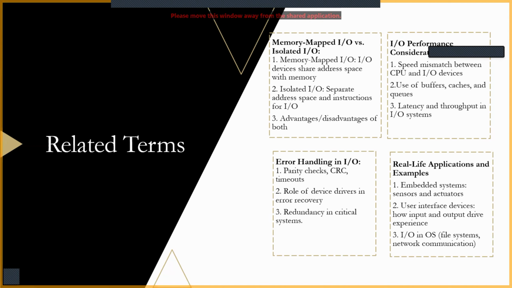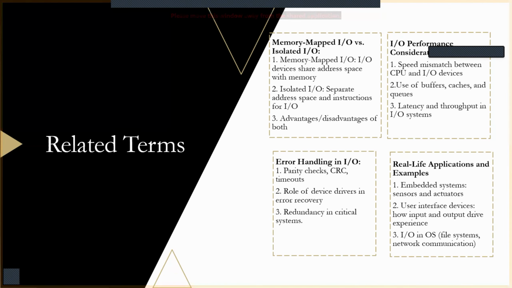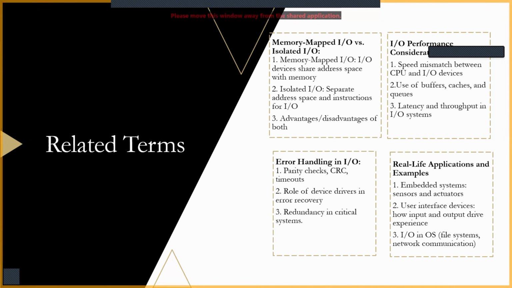In input output performance, there is speed matching between the CPU and the input output devices. The second one is the use of buffers, caches, and queues. And then we have latency and throughput in the input output system.